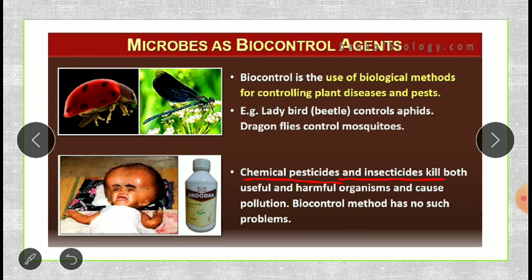But these pesticides and insecticides, together with harmful microorganisms, also kill the useful organisms, plus they are responsible for causing pollution and many diseases. So because of this, a biocontrol method should be used which does not have any such problems, and biology is used to control biology, you can say. So life is used to control life.